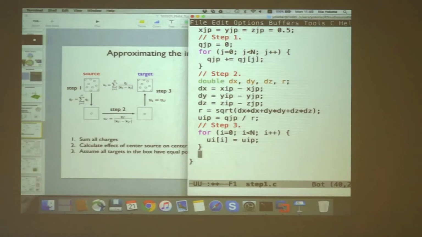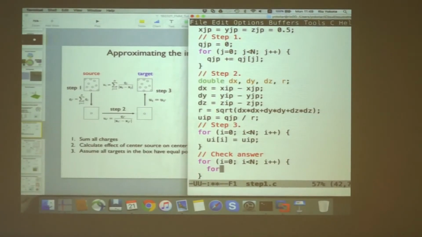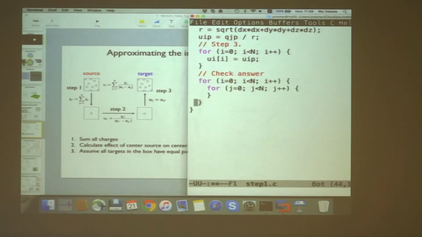And now we need to check the answer by looping over all the points. So i goes from 0 to n minus 1, and we have another loop that goes from j, 0 to n minus 1, and we need to calculate the ui.